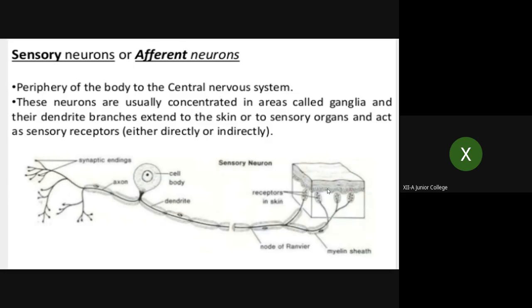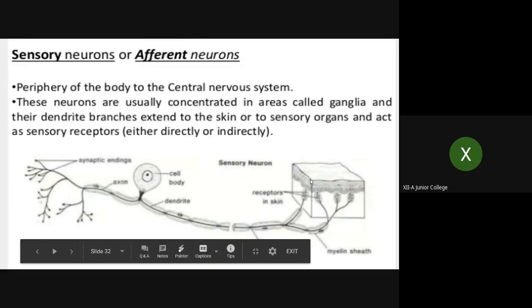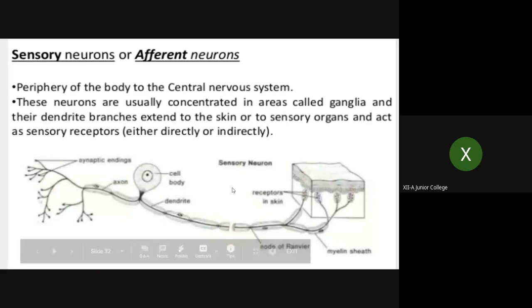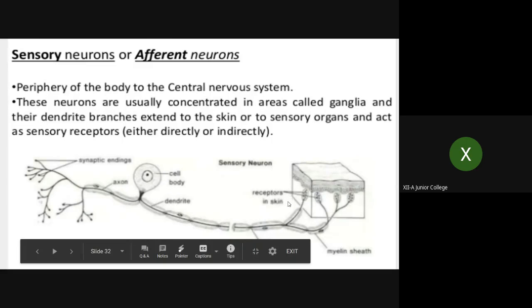Suppose this is the skin, so these are the receptors. From the receptors of this sense organ, the skin, the information is carried to the neuron, the cyton, which means afferent neuron. They are called sensory.